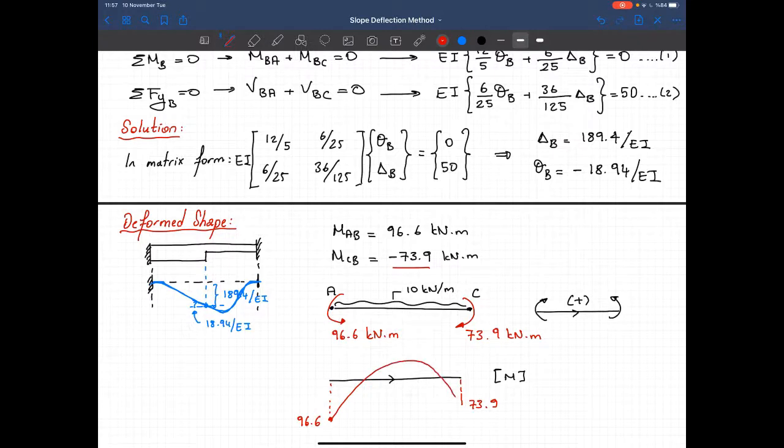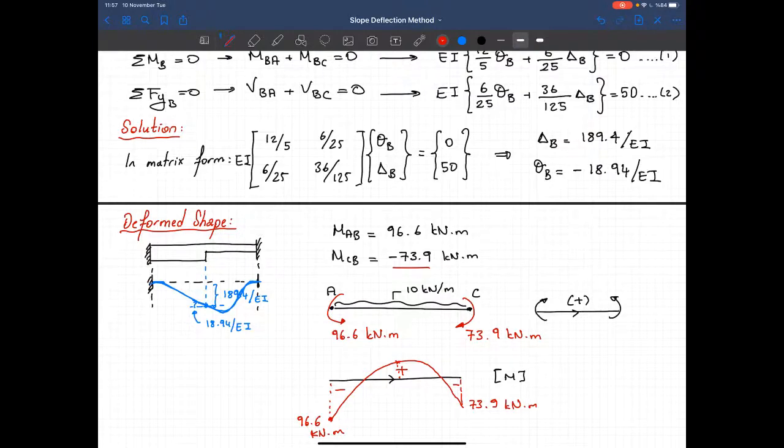So I expect to see a moment diagram as follows, in kilonewton meters, and you can calculate what MBA is and figure out the moment at the middle.